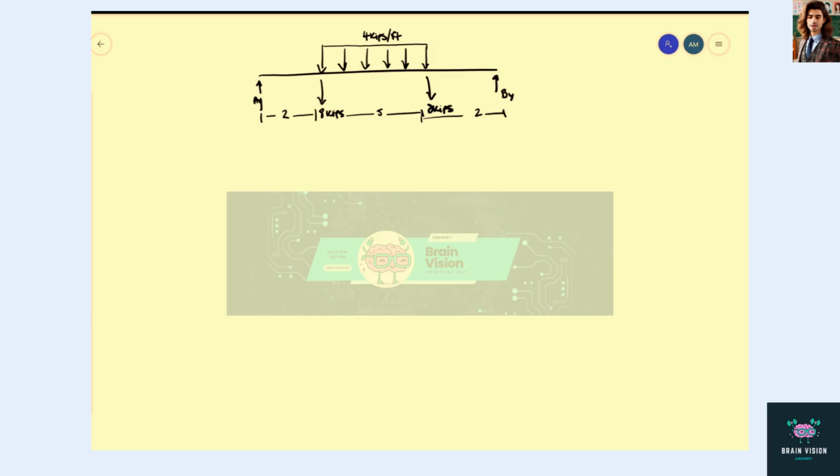So I'm going to take the moment at B so I can solve for A. So moment at B is equal to 0 equal to negative AY times 9 plus 8 times 7 plus 4 times 5 times 2 plus 2.5 plus 8 times 2.